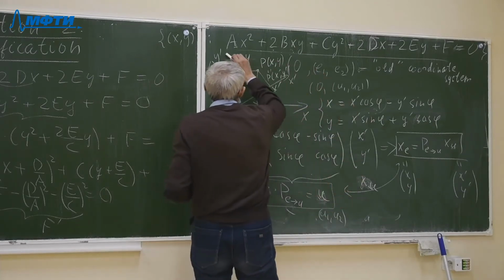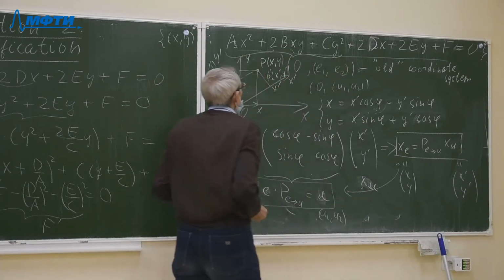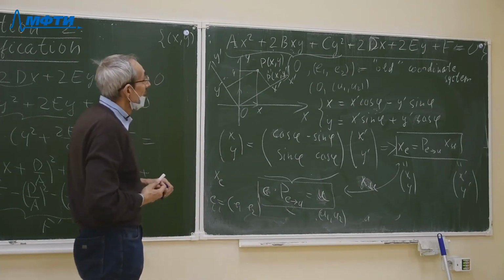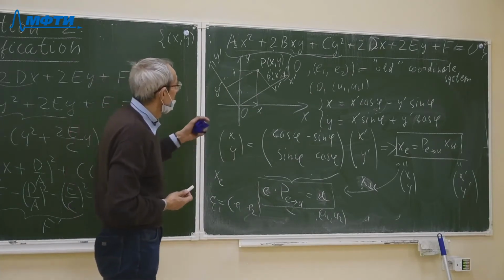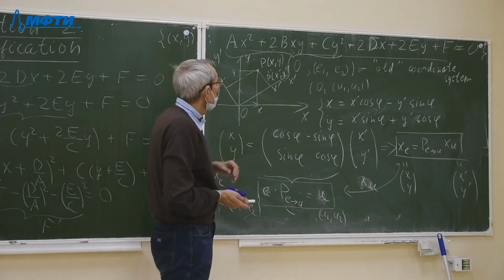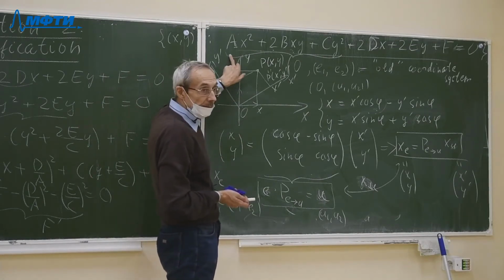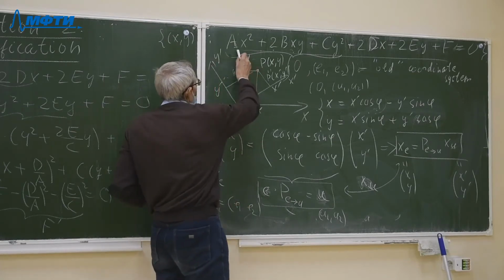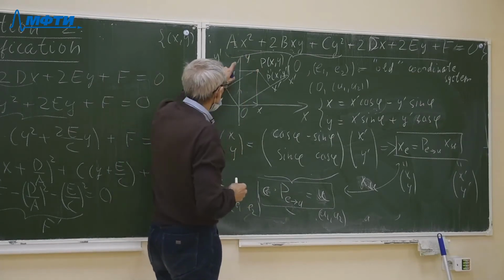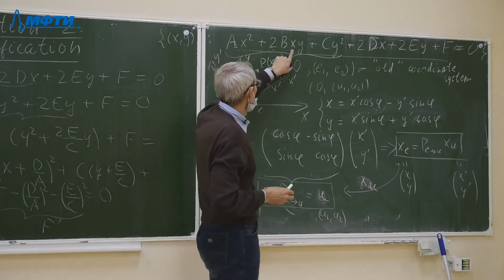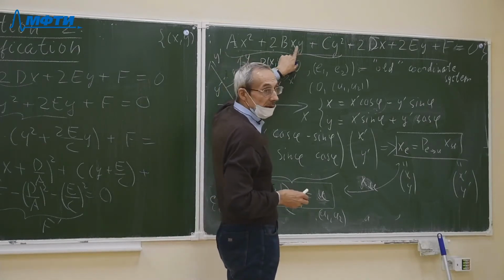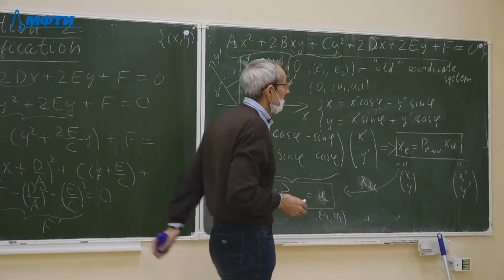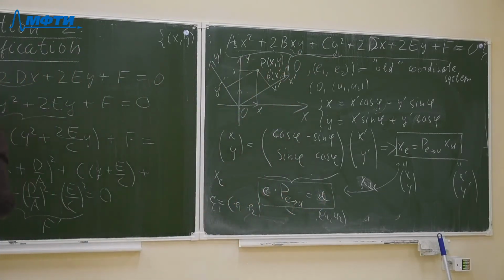And we need only consideration of the main term, the term of maximal degree. This term has degree 2. x squared, xy, the sum of the degrees is also 2, and this term is a term of degree 2 also.